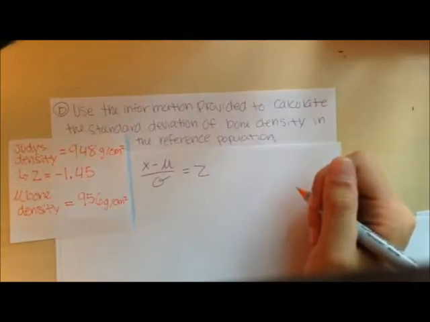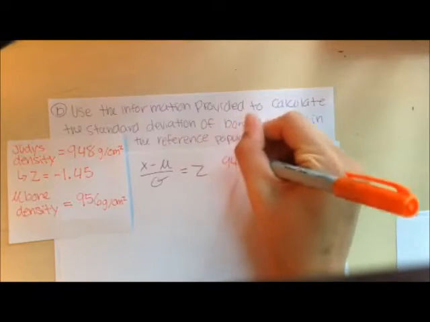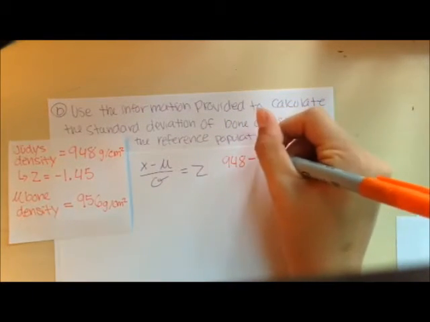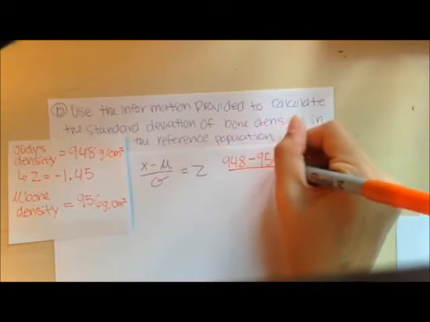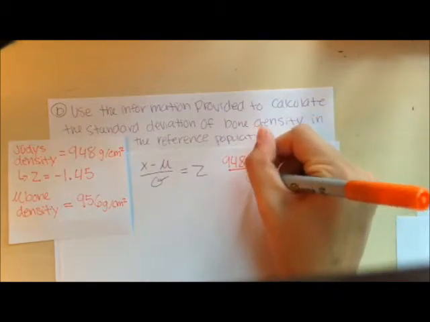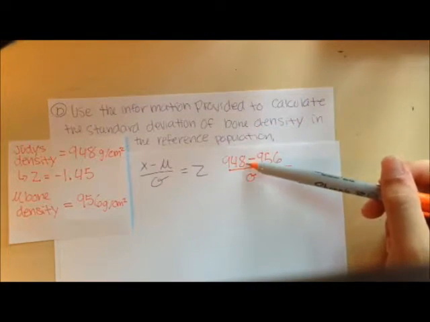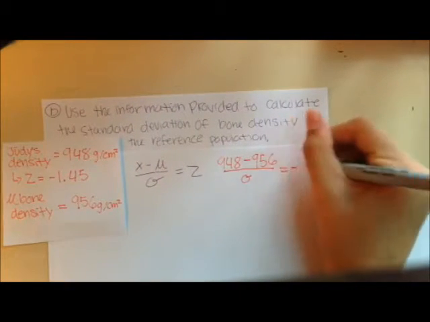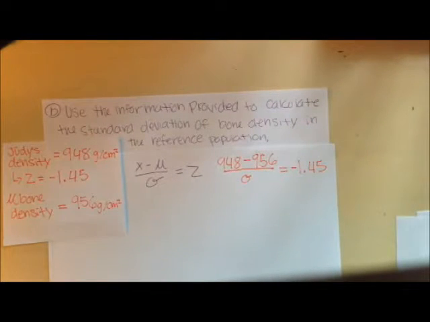So our given value is Judy's bone density, 948, minus the mean bone density, 956, all over standard deviation, and we're not sure what that is yet. And then we know that Judy's bone density gives us a standardized score of -1.45. And from here, we'll just have to work backwards.